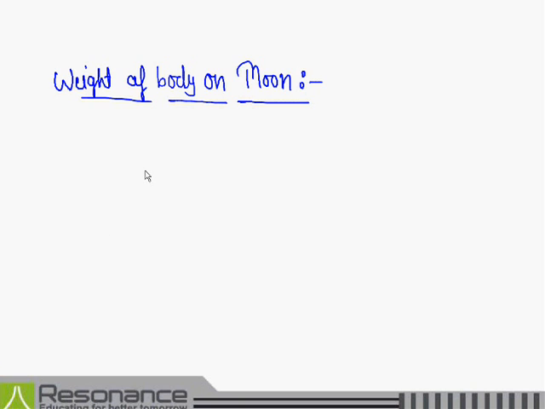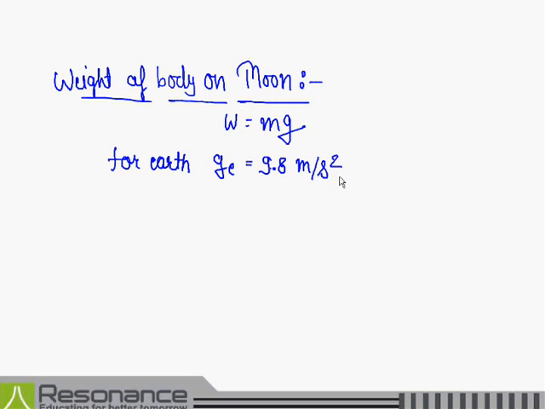For Earth, we know the acceleration due to gravity ge equals 9.8 meter per second square, and for Moon, acceleration due to gravity gm equals 1.7 meter per second square.